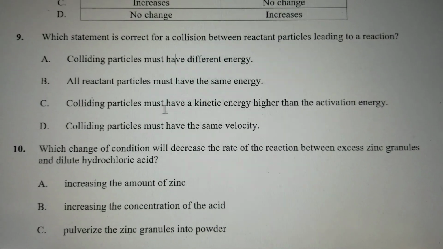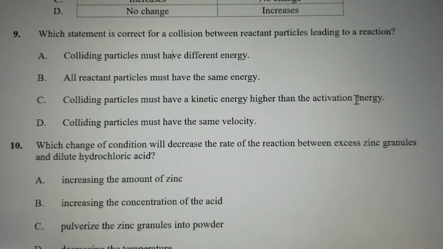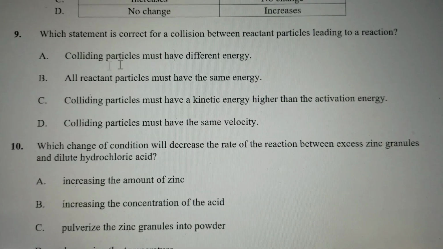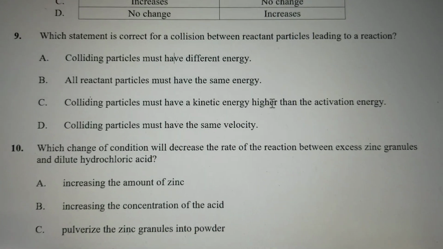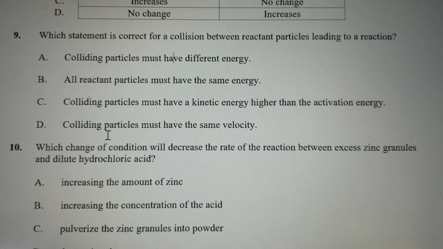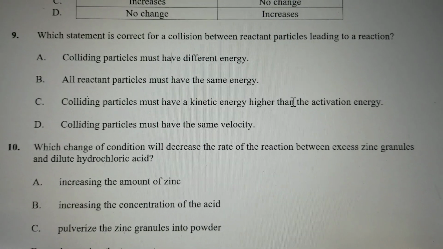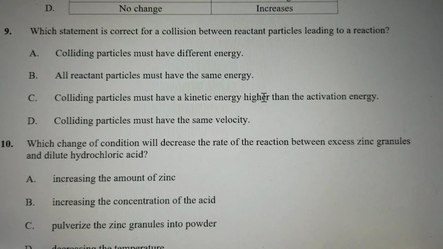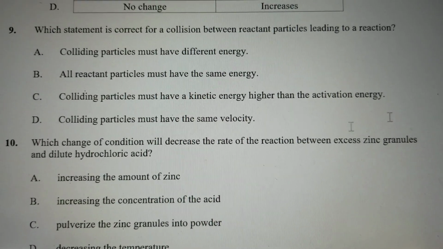C, colliding particles must have a kinetic energy higher than the activation energy. So in order for particles to lead to a reaction, they have to overcome the activation energy. So that is true. Colliding particles must have kinetic energy higher than the activation energy, or equal to, because they need to get to the top and then be able to move to the other side.